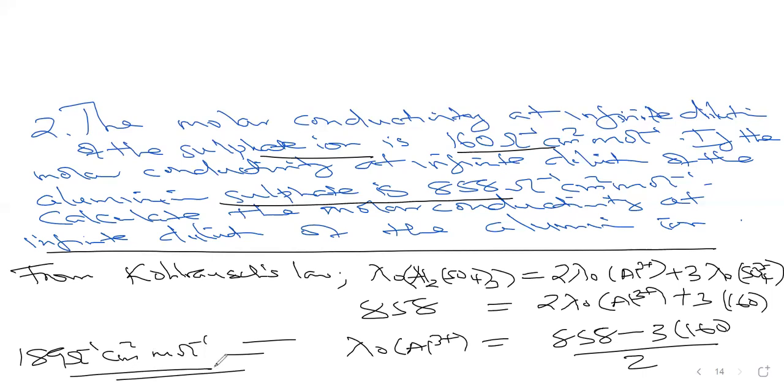Thank you for attending this lesson. Our next lesson will be looking at how we use Kohlrausch's law to determine solubility and solubility product of sparingly soluble salts. That one also involves a number of calculations that we didn't see in ionic equilibria.